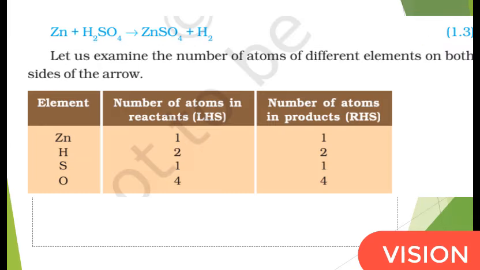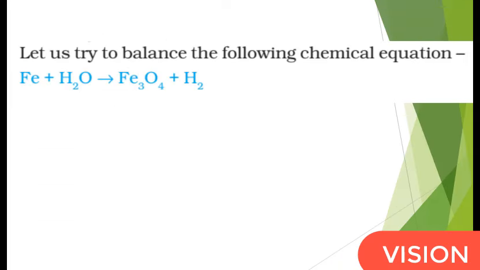Next, after writing the equation we have to balance the equation. This is the balanced equation which is presented in the textbook. This is the same equation which is presented in your textbook also. Now another example: after that we have taken an example of an unbalanced equation.